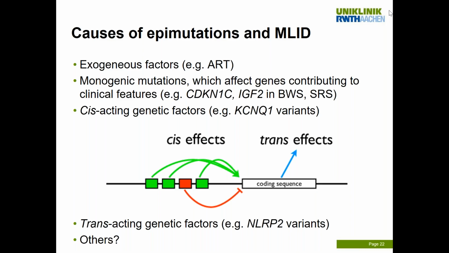Then we meanwhile know that we have to consider cis-acting genetic factors, but they only affect specific loci. I have already mentioned the case of KCNQ1, long QT variants affecting the Beckwith-Wiedemann syndrome locus IC2. But then meanwhile, we have also identified so-called trans-acting genetic factors. These are factors which play a role in the imprinting cycle of life. They are responsible for the setting and the maintenance of imprinting marks.